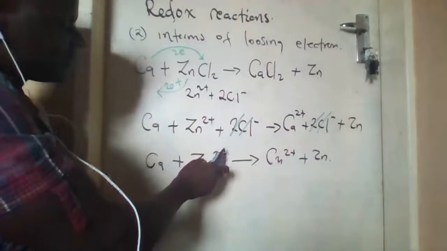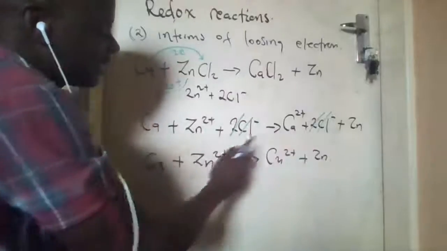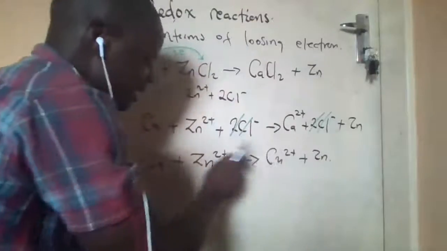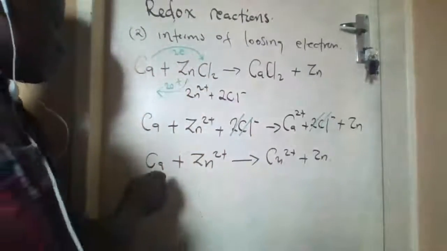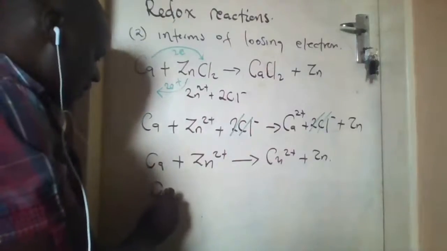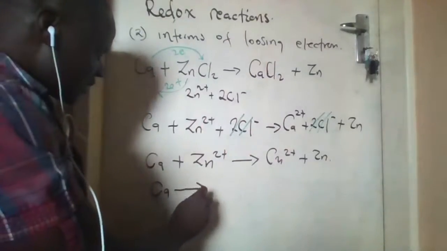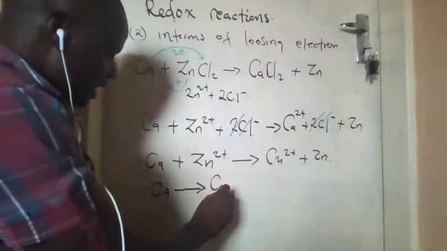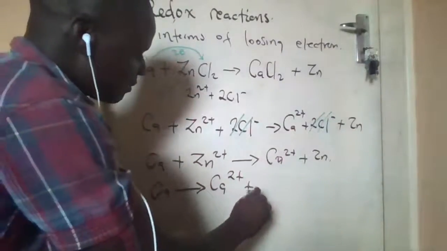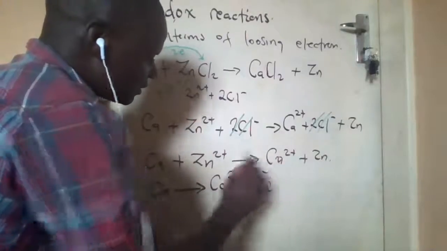Zinc 2 plus, from 2 plus to 0, has been reduced. The oxidation state is not increasing but reducing. So we're not going to talk about that, but we're going to talk about calcium. So you're going to have calcium here, calcium 2 plus plus 2 electrons.